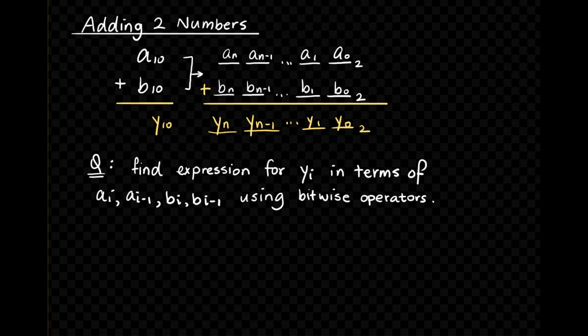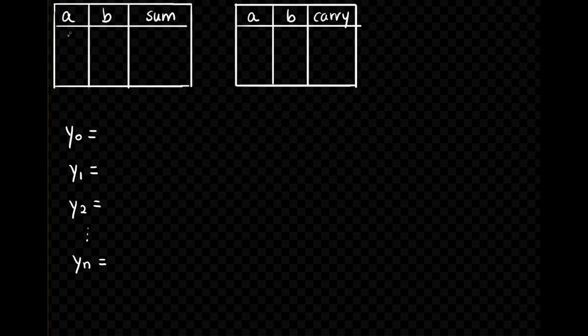So pause the video and see if you can find an expression for an arbitrary yi, so any bit in this result, in terms of ai, bi, ai minus 1, bi minus 1 using bitwise operators. The sum and the carry.